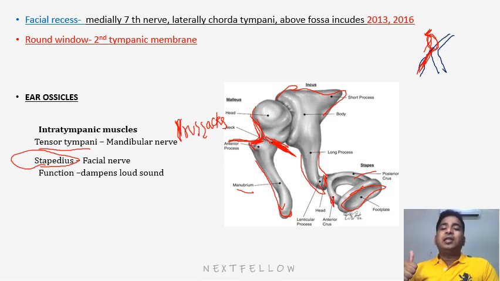Thus it protects the inner ear also. So the stapedius muscle has a protective role, and it also plays a role in tympanometry. In facial paralysis patients, this role is lost. That's why there is a phenomenon where louder sound may sometimes be unbearable to the patient.